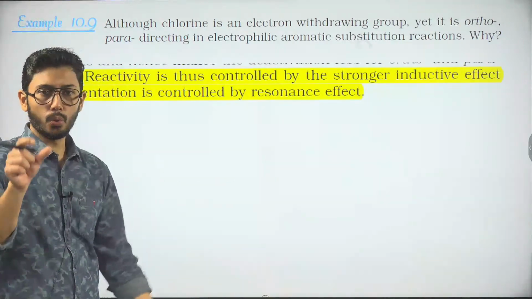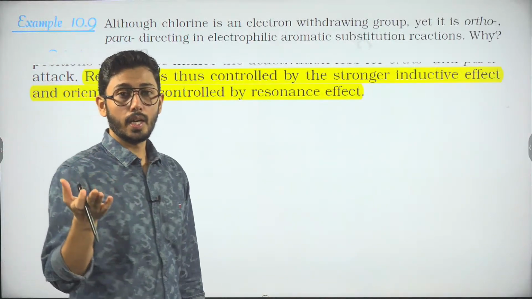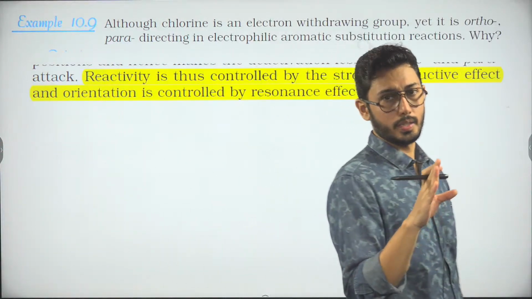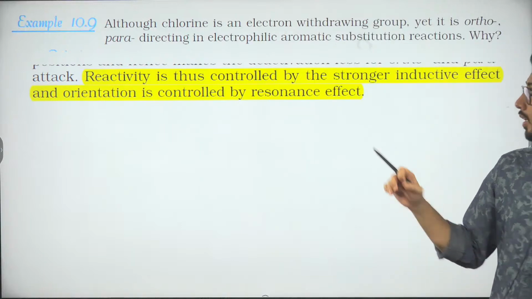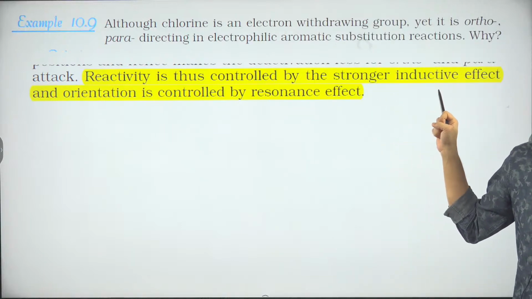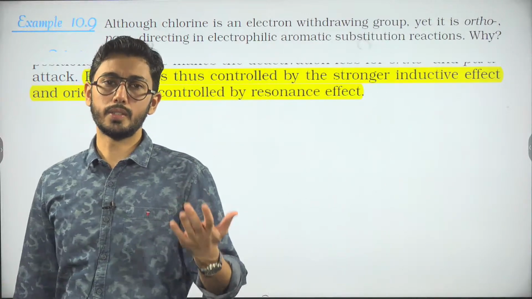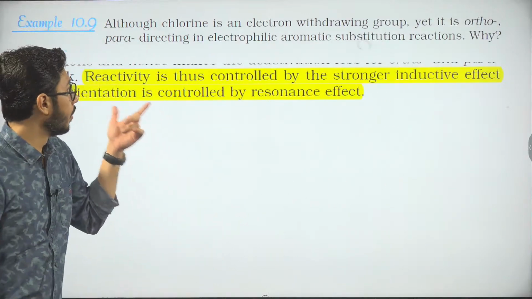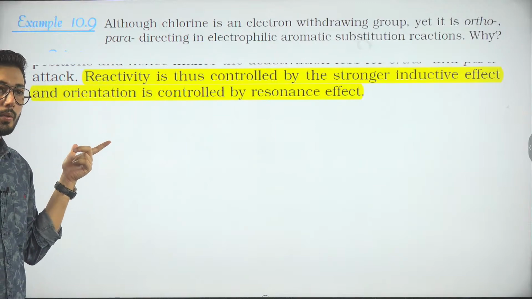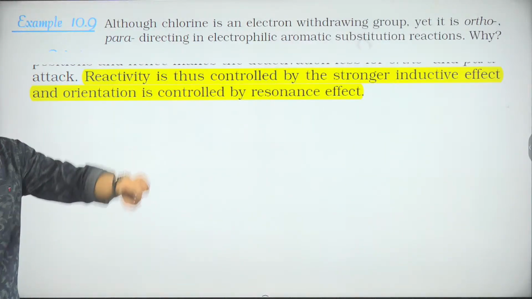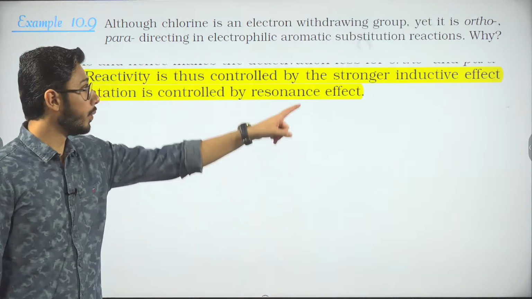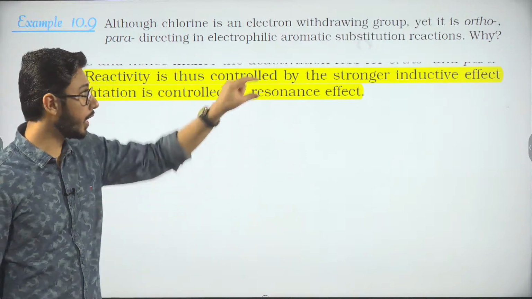Resonance. So chlorobenzenes are less reactive towards electrophilic substitution reaction. Reason? Strong minus I. Reactivity here means what? Electrophilic substitution reaction. But why do they give ortho-para products? That is controlled by which effect? Plus M effect, which is the resonance effect. So that line is relevant.